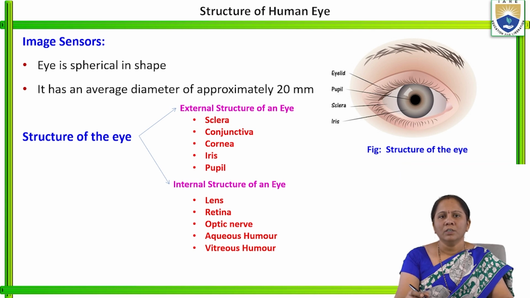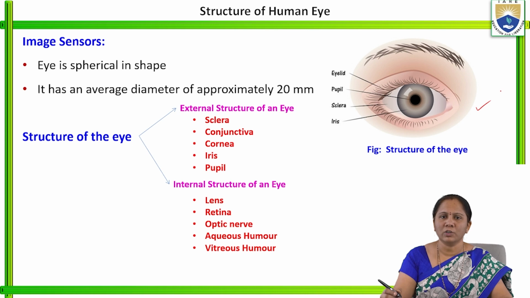In humans, the most important sensor is the eye, so we need to learn about the structure of the eye. Here you can see this figure which shows the structure of the human eye. It consists of different parts like eyelid, pupil, sclera and iris.